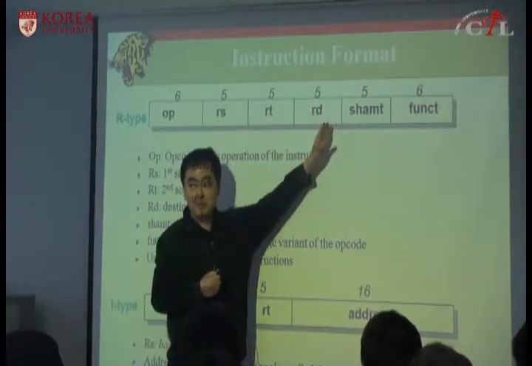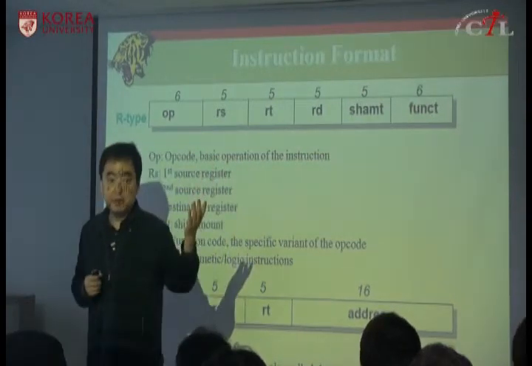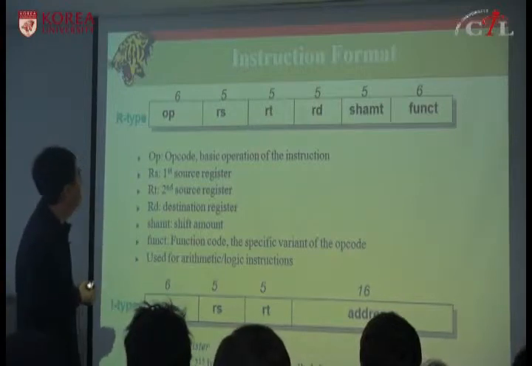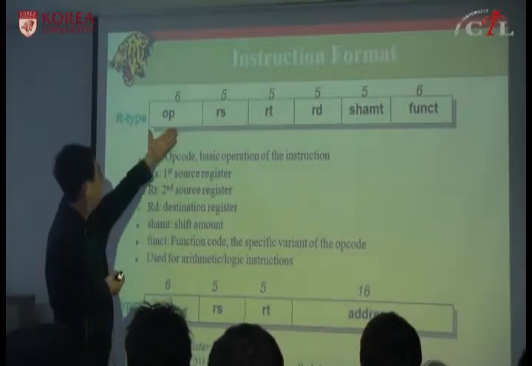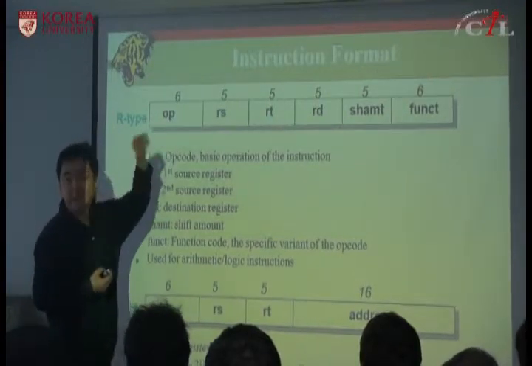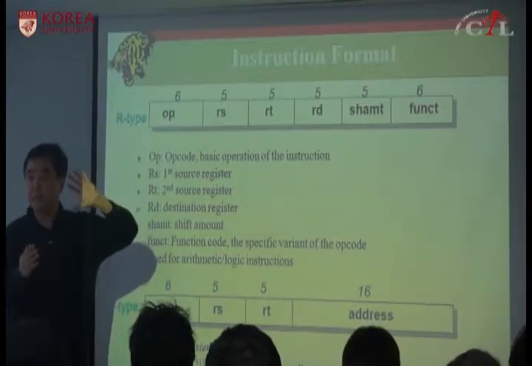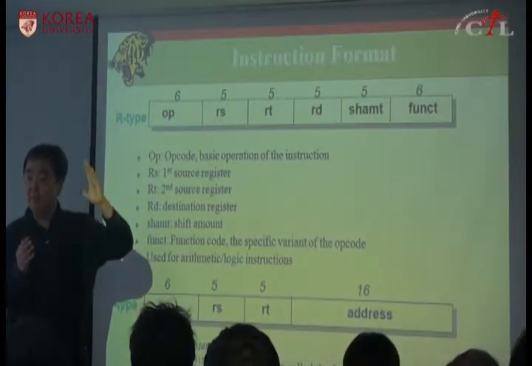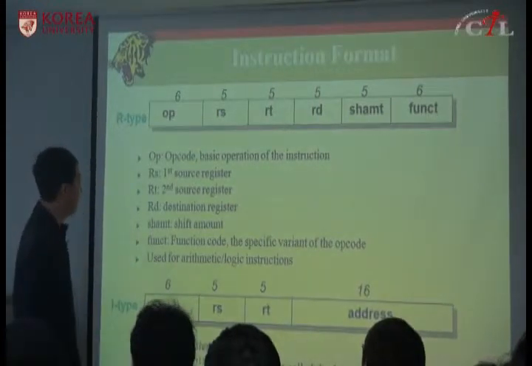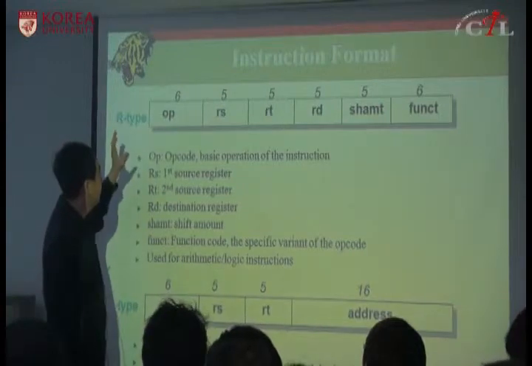So this should be used for arithmetic and logic instructions because all the computation is done on register operands. Okay? So here, in the R-type format instruction, the first 6 bits specify the operation. So there are 6 bits, so you can specify approximately 64 operations, or 64 instructions, using this format. So opcode specifies the operation.